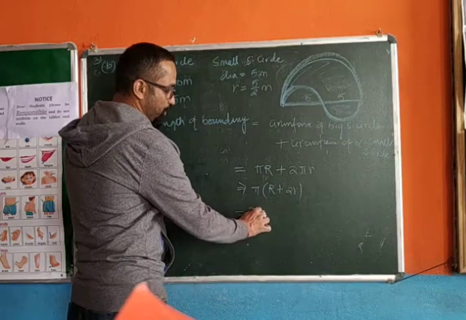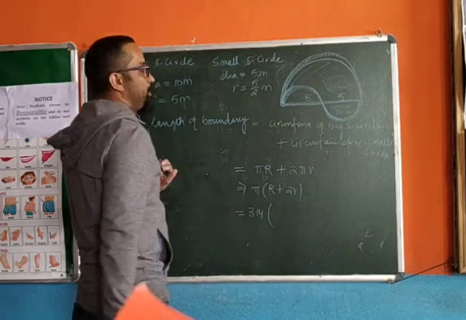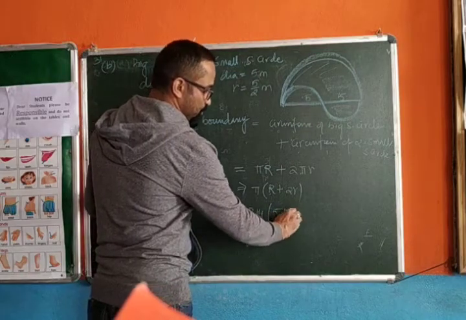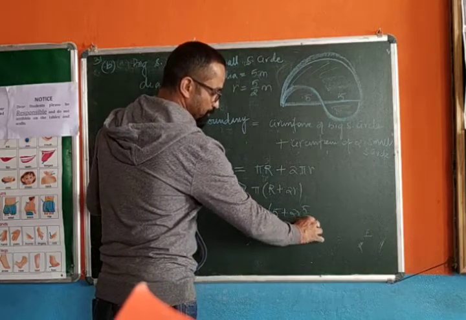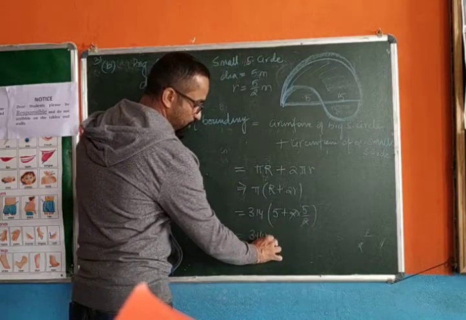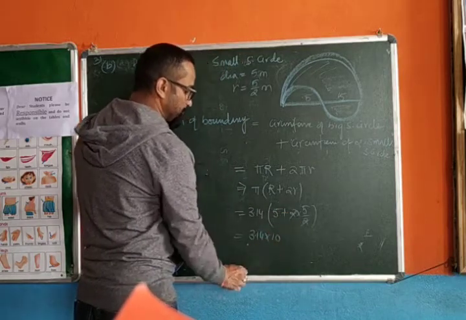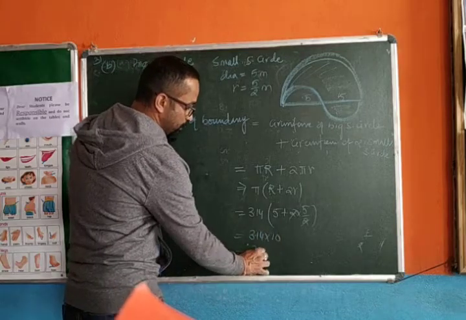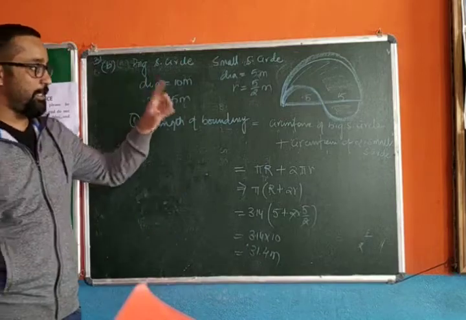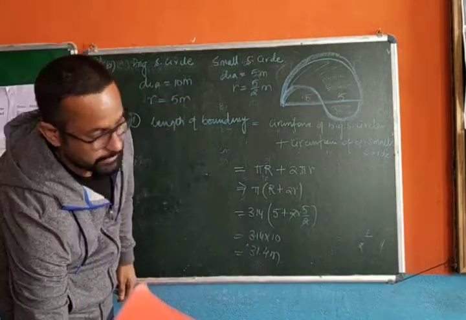Pi is given 3.14. Radius of big one is 5. 2 into 5 by 2. Cancel it. Add it up. 3.14 into 5 plus 5 is 10. Multiply this, you get 31.4 meter. This is how we calculate the length of the boundary of the shaded region.